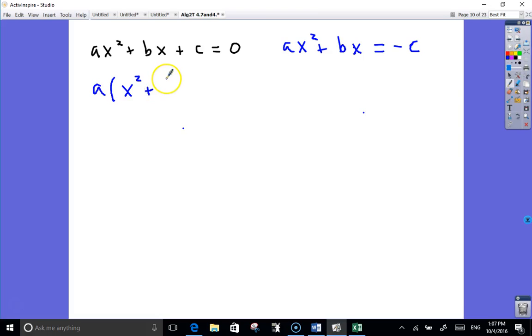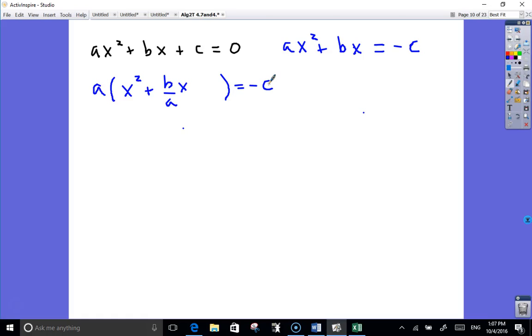Or you could say it like this, b over a times x, equals negative c. Okay, now we have inside parentheses the 1x squared. So we can complete the square using that two-step process, right? What's the first step?